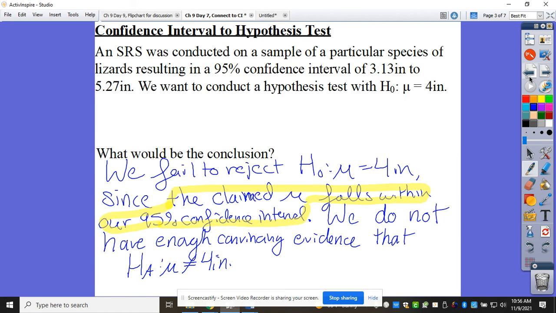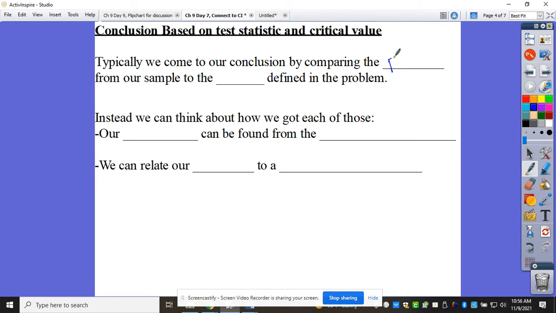We just said usually what goes here? P-value. We usually compare the p-value from our sample to the what for the problem? But instead we can think about how we got each one of those. So our p-value, when I am working through a problem, what is the last thing I use to find my p-value?